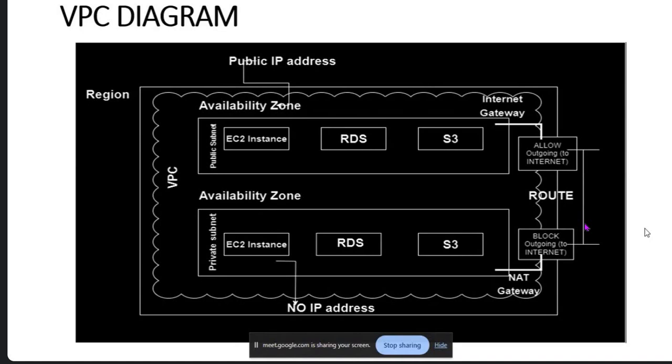The VPC part is fine, but since you are trying to show the different resources in it, how they are behaving, how they are physically present, or how they are replicating, you need to demonstrate that a little bit. All right, sir.